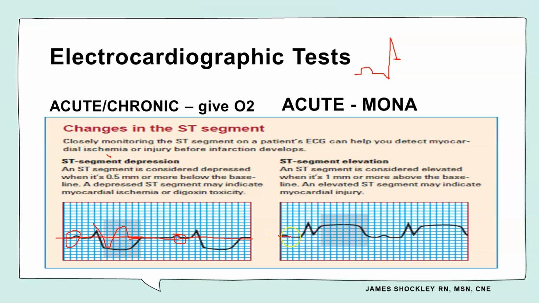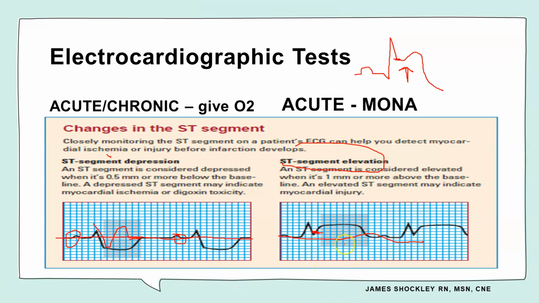And instead of it coming all the way back down to that isometric line, it kind of hangs out above. So ST segment elevation. Now, in my view, this is a really hard example to see that on. So if I'm trying to get you to understand ST elevation, I'm going to give you something more like this, where it's this tombstone shape appearance, and I don't have to guess about whether or not I have ST elevation.